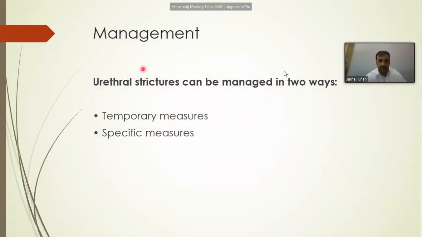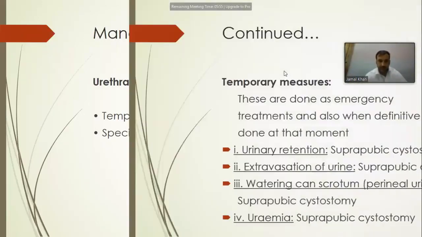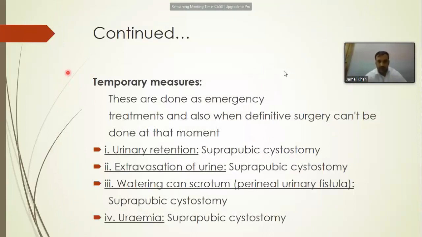The management: urethral stricture can be managed in two ways, temporary measures and specific measures. The temporary measures are done as emergency treatments, and also when definite surgery cannot be done at that moment.